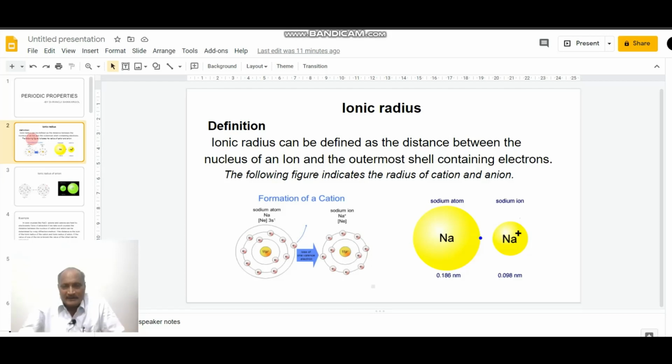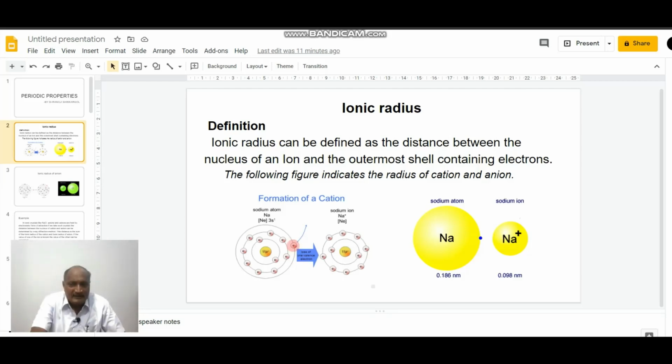As the atomic number of sodium is 11, the configuration is 1s2, 2s2, 2p6, 3s1. The outermost shell, that is the valence shell of sodium, contains one electron in the form of 3s1.